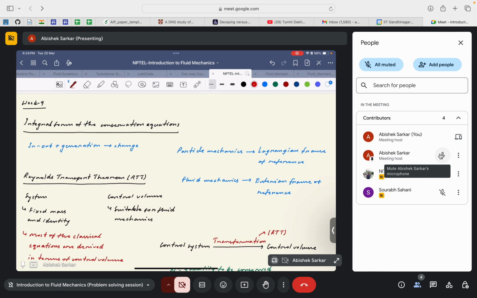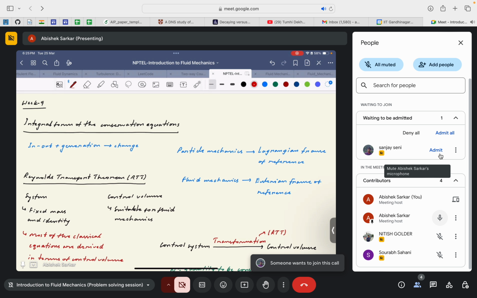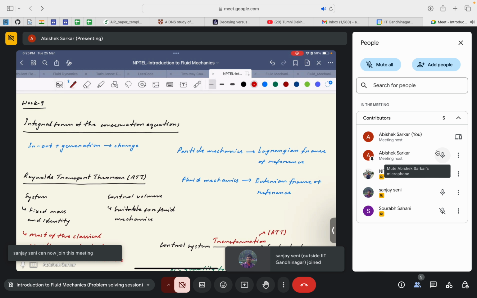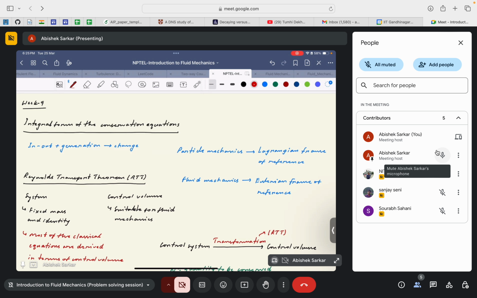So that's why it's, I can say, a general practice nowadays to use the Eulerian approach to fluid flow analysis, and that's why it's important to understand fluid flow problems from the perspective of the control volume approach or the Eulerian approach. Okay, so with that overview, let's start today's discussion.